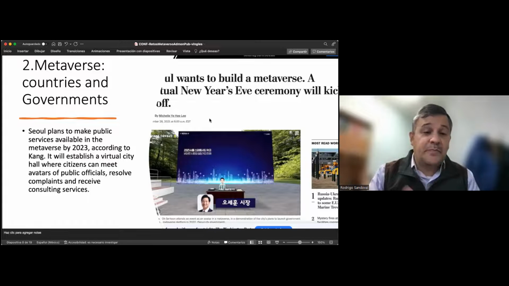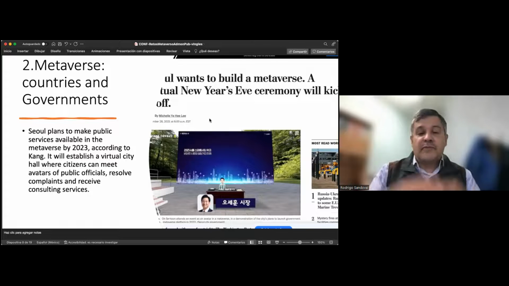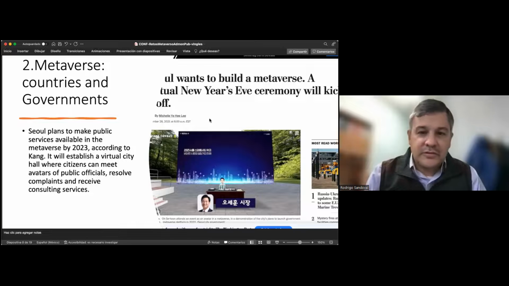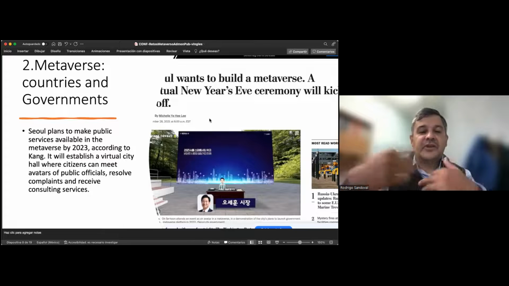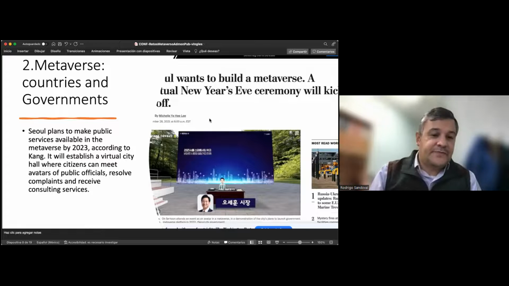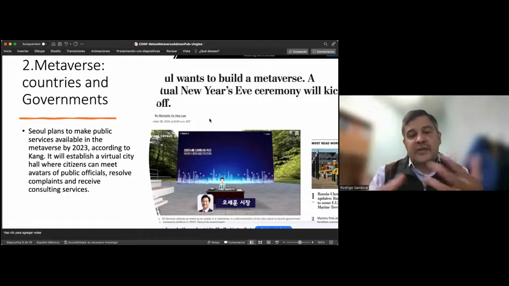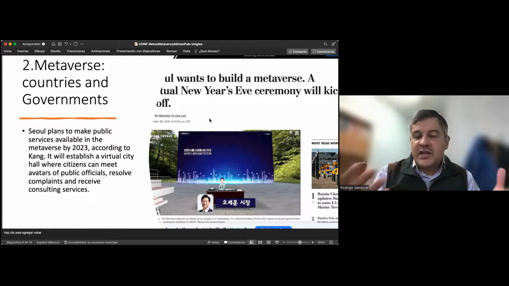And as we can see in the picture, there is actually a virtual city hall operating right now, in which people can meet avatars of public officials. And these avatars can solve any complaints or questions about online services, all of that in their own metaverse.